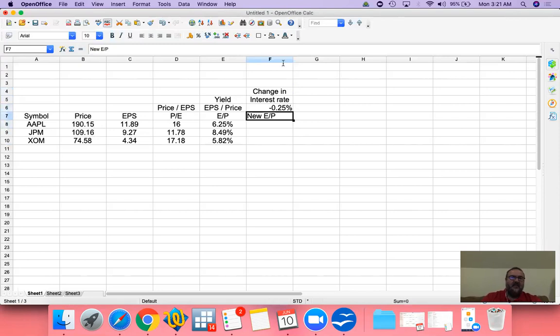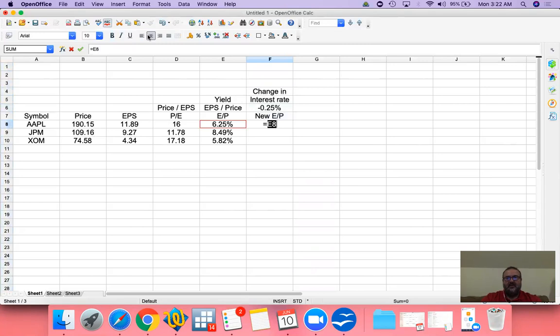Now, again, we're assuming that the companies' prices will have a sensitivity to the change in interest rate of equal amount. Again, this is an oversimplification. However, the method is what we're trying to understand.